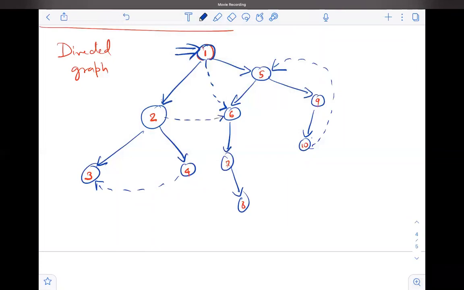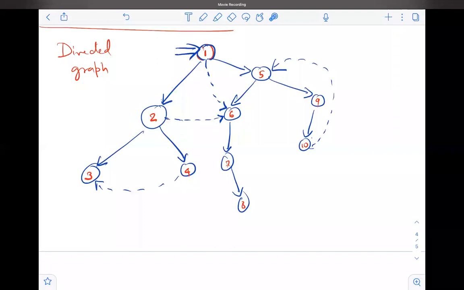No, if you have visited 6 before, from 6 you cannot find 2 because it's a directed edge. At that time I have not seen 2. I have just seen 6. In that case, 2 is not in the neighborhood of 6, right? Understood.